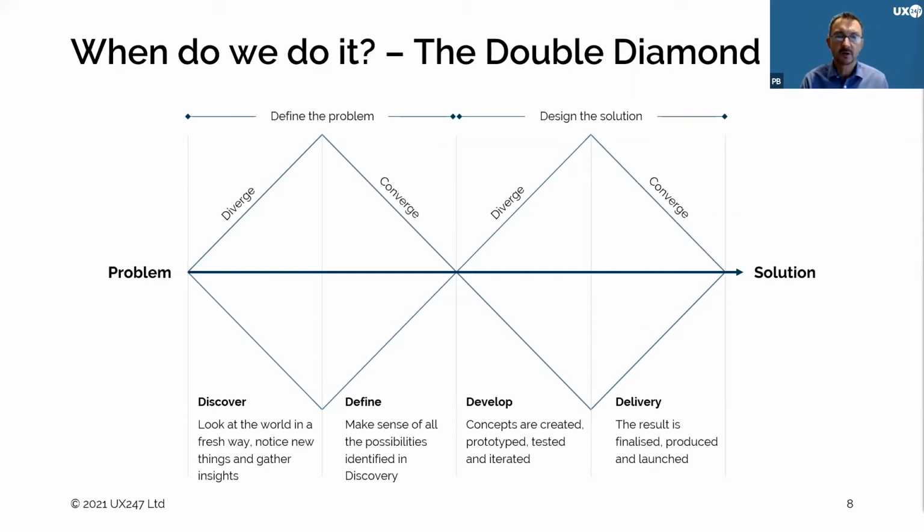This is a framework that is really helpful, I think, for understanding that, and it's the Design Council's product development framework called the Double Diamond. And what it talks about is these two diamonds that go through the diverging and converging stages. And they start at the far left with discovery.